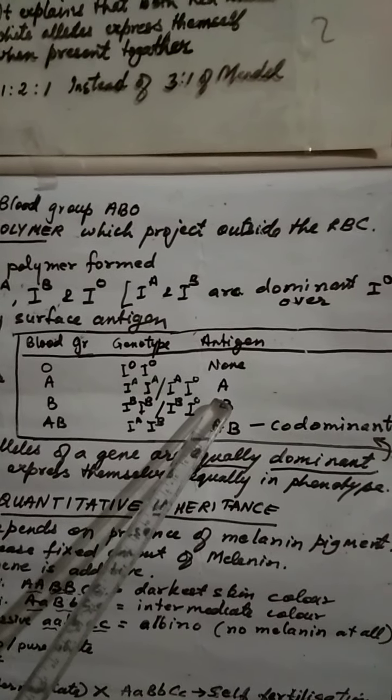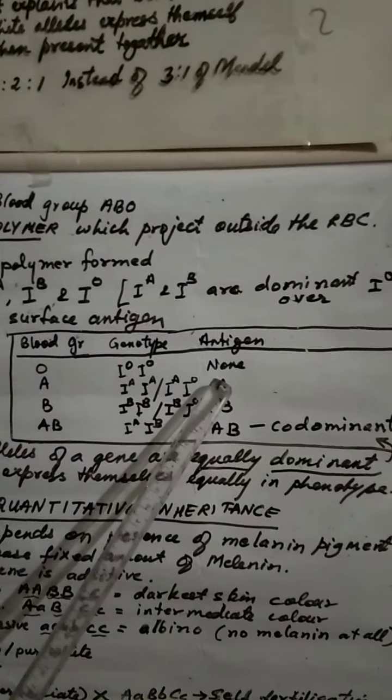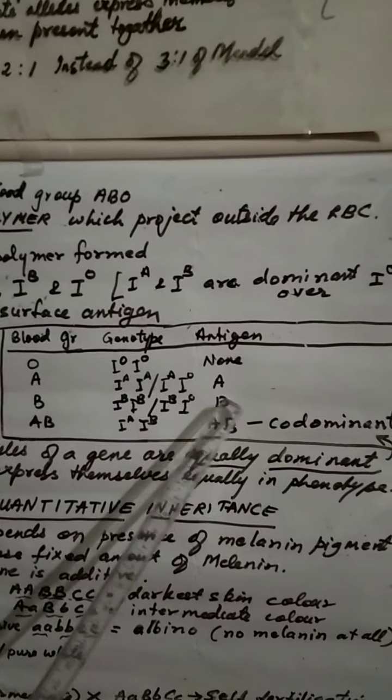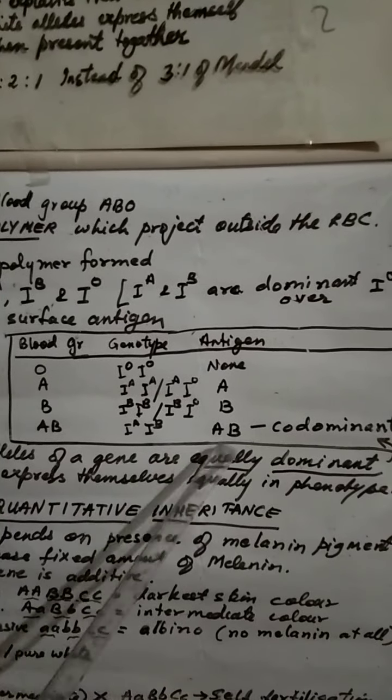Because if you see in blood group B, A antigen is absent. In blood group A, B antigen is absent. That's why they are individual blood groups. So AB shows codominance. We can say codominance means both alleles of a gene are equally dominant like this.